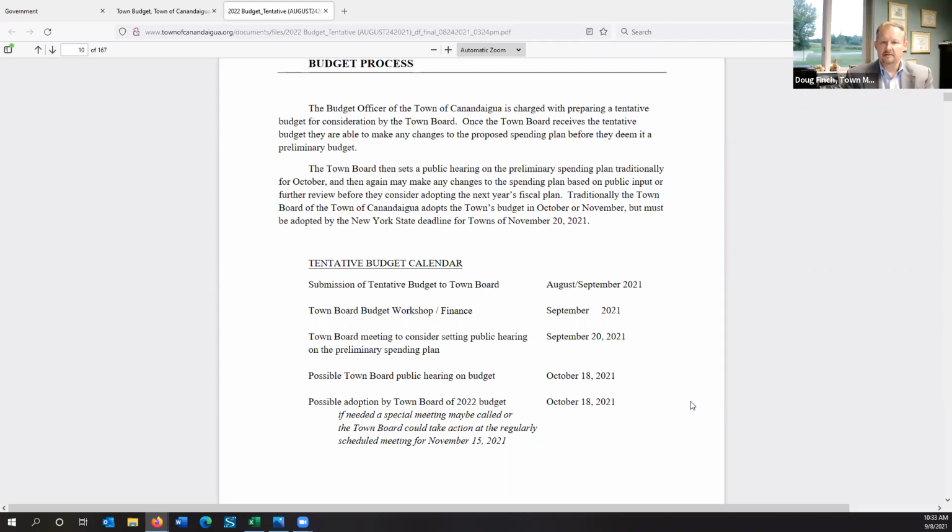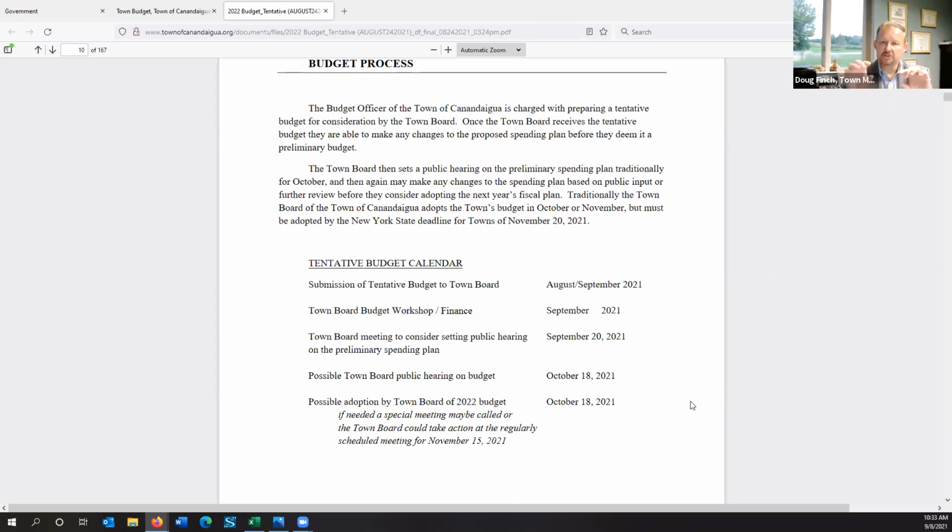In particular, we hold a series of budget meetings with the department heads. I, as the budget officer, meet with department heads and my finance team, and we put those budget requests in as what we call a department head request. And that is recorded in our system, and I'll show you an example of that here in just a moment, but we do that intentionally so that when the town board gets to the point of reviewing their steps in the process of the budget consideration, they can see the request that the department head put in.